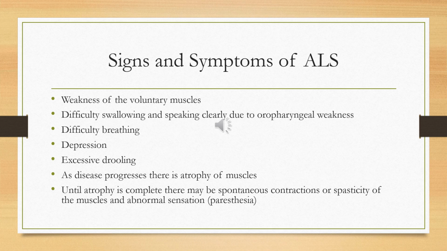They're going to slowly start to lose their ability to do things. So they'll have impaired speech. They'll have difficulty chewing and swallowing, and with that comes the risk of choking and things like that. Excessive drooling. They're going to have difficulty breathing, so we're going to have to monitor their respiratory status at some point. Do they need to get on a ventilator at some point? Possibly.